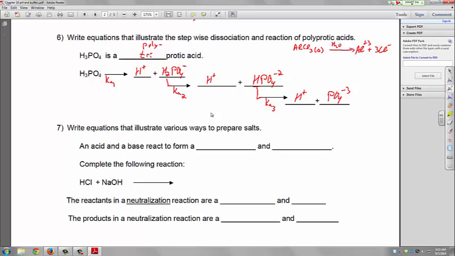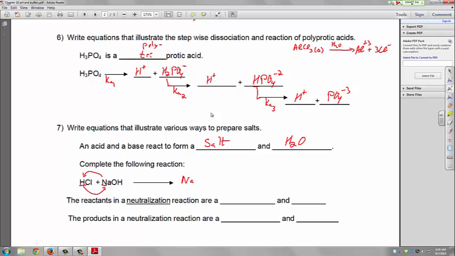Okay. All right, salts. An acid and a base react to form a salt and water. This is a neutralization or a double displacement reaction. Here we're just going to switch out the sodium and the hydrogen. They'll switch places, so the sodium combines with the chloride.